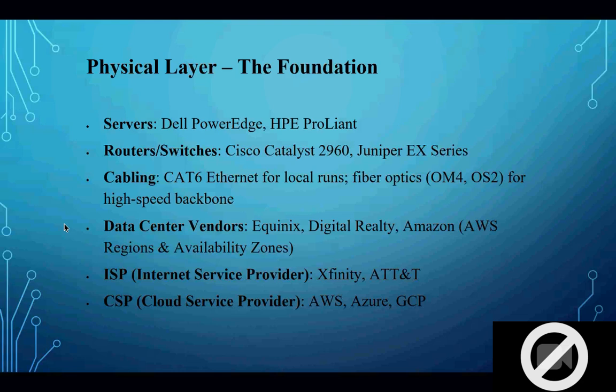But I forgot to put really important things like the UPS, the uninterruptible power supply, and also the PDU, the power distribution unit. Those are really important pieces of equipment in data centers. And again, ISPs and CSPs have all of this. That's why I put them on the first slide.